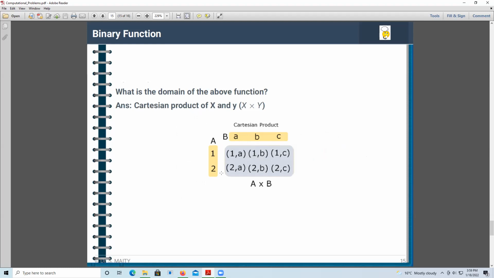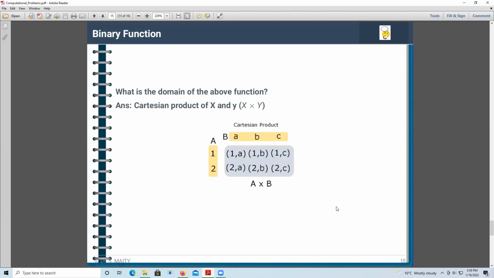If I write it in set format, this is a set of 6 elements. You can take any of these 6 elements as the input and produce one output belonging to Z. So this is a binary function.